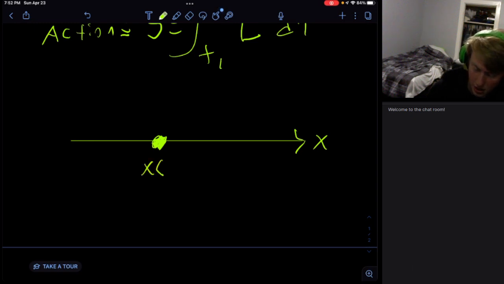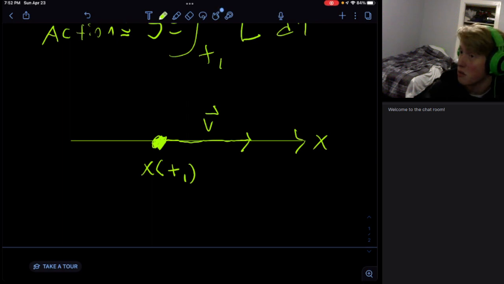X of t1, and then it moves along with a constant velocity. It's constant velocity, which actually makes it very easy, but we're going to treat it as a non-constant parameter just to prove a point here at the end.